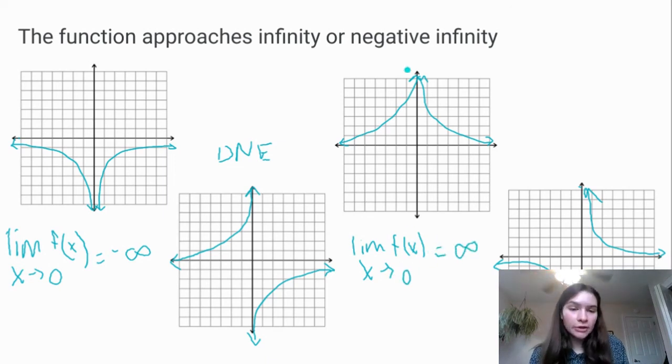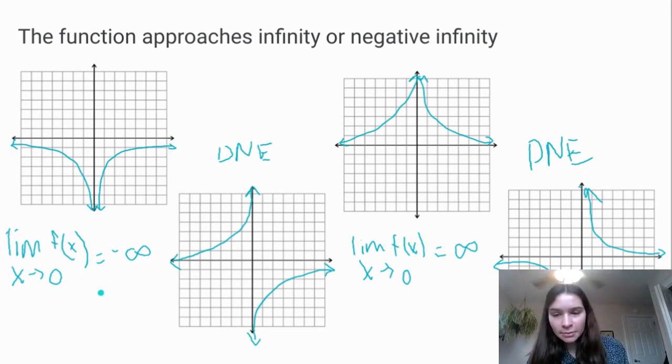However, the limit still does not exist because there's no definite value. And then our last one is just like the second one we were talking about, where they're going in different directions, so the limit does not exist. And just a reminder, in all these cases, the limit does not exist. But we can be more precise about why it does not exist with these explanations right here.